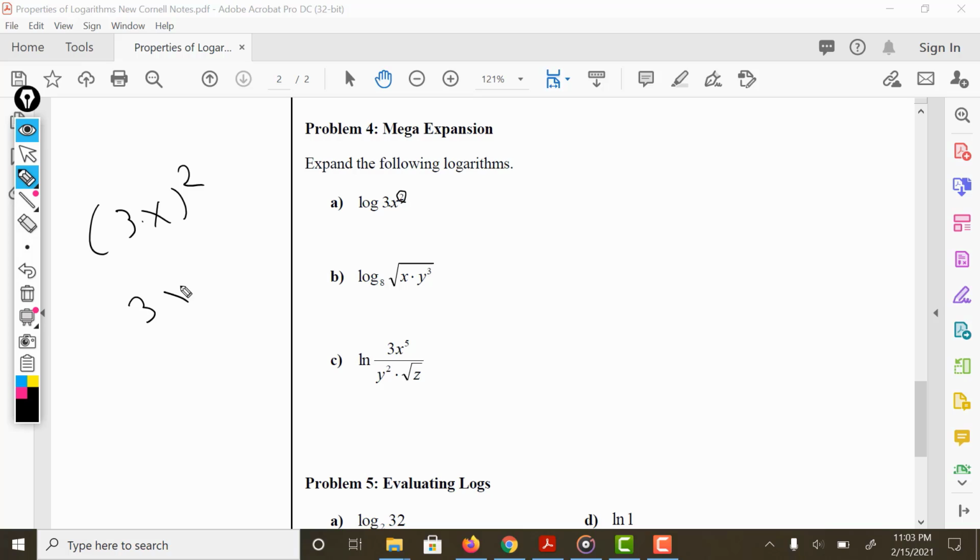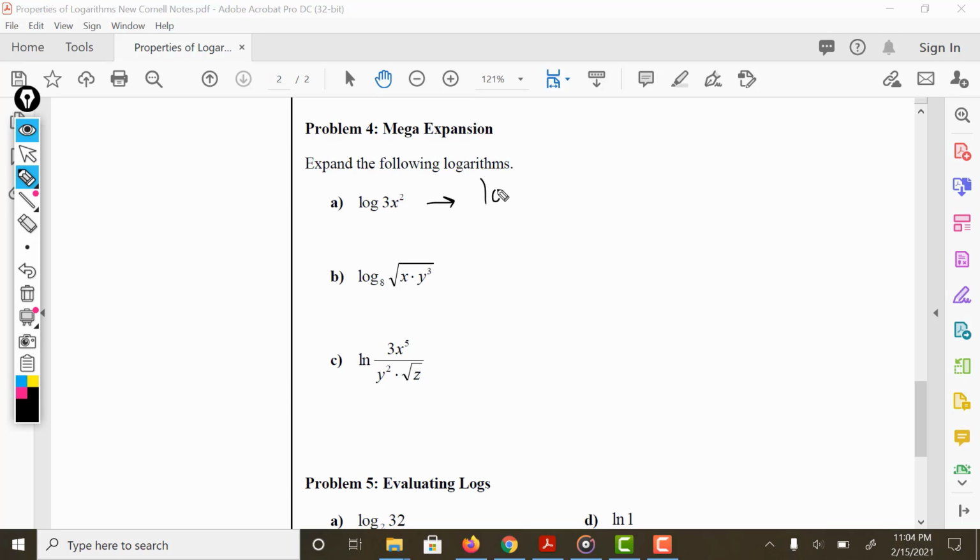If we have this, however, it just belongs to the x only. So for those of you that are uncomfortable with this, 3x squared means 3 times x squared, whereas 3x squared with parentheses means 3x times 3x, which ends up giving you 3 times 3 times x times x. So there's a difference there.